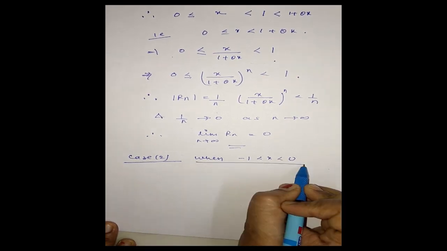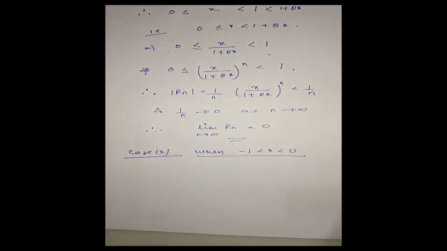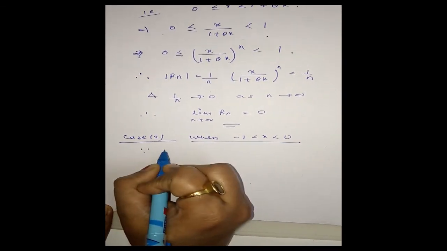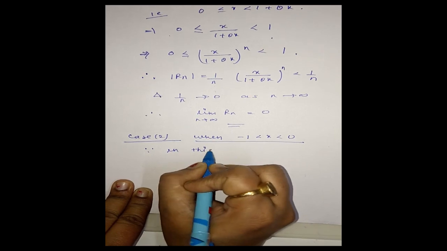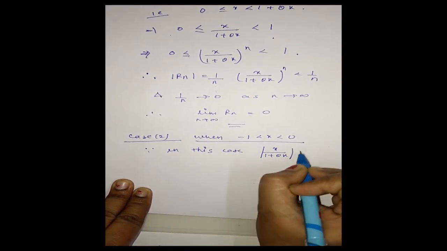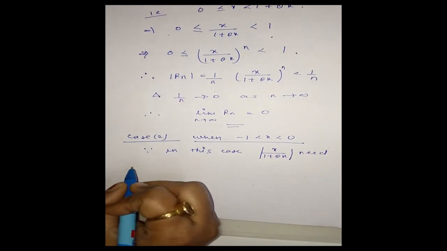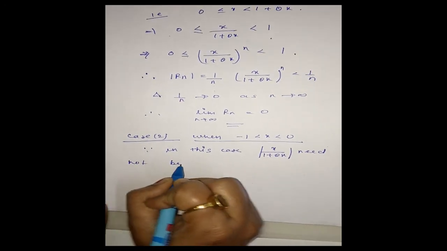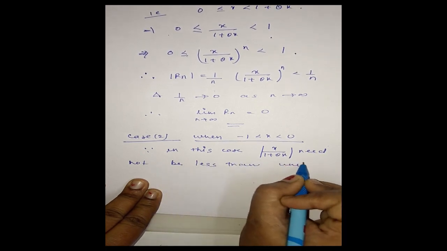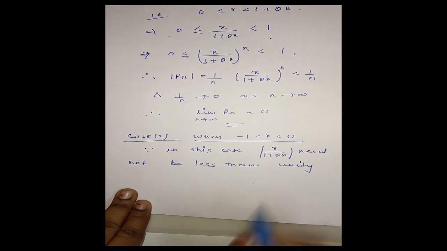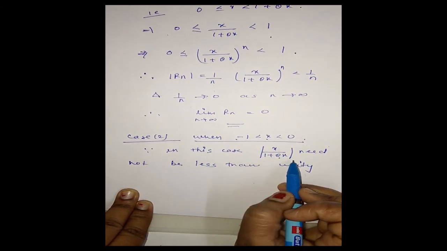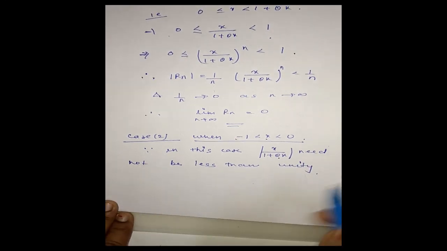Now, since in this case x by 1 plus theta x need not be less than unity, where theta lies between 0 and 1 and x lies between minus 1 and 0, that means this need not be less than unity.